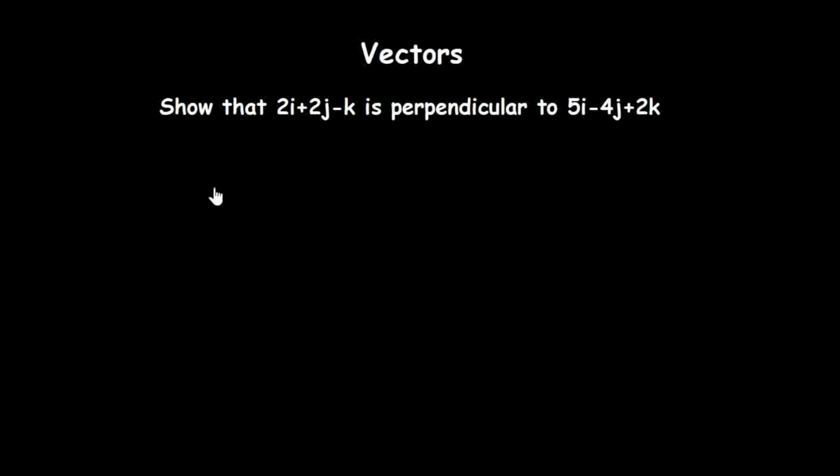To calculate the angle between two vectors, we can use the formula cosine theta equals A dot B over the magnitude of A multiplied by the magnitude of B. Since the vectors are perpendicular, the angle between them is 90 degrees.